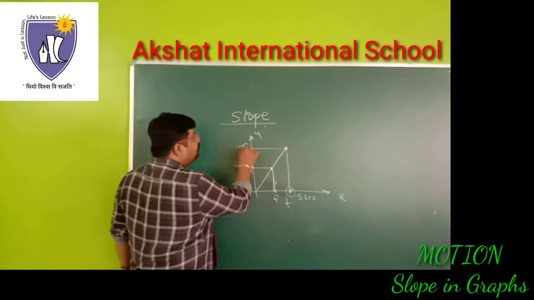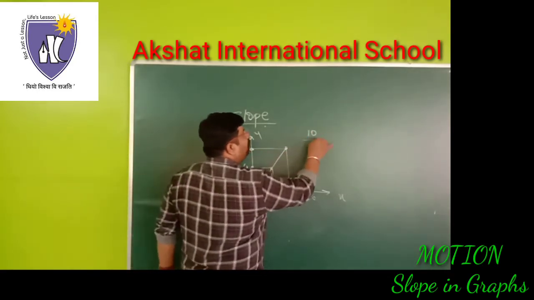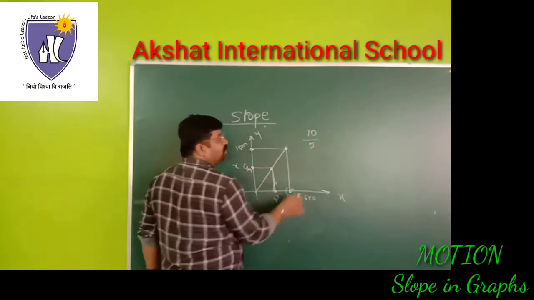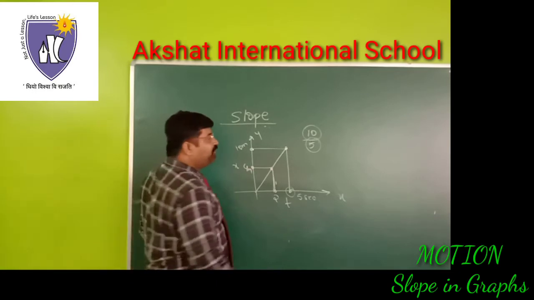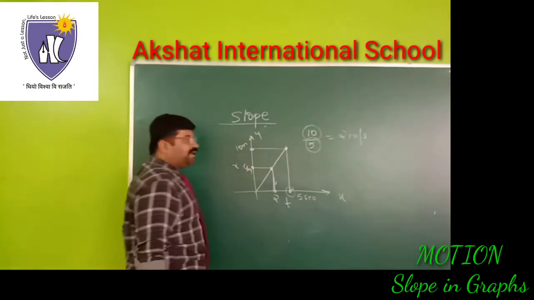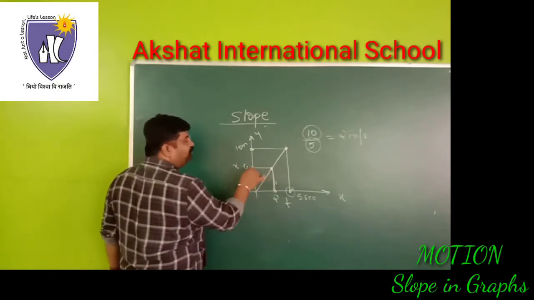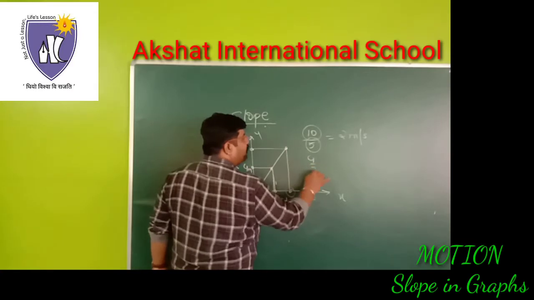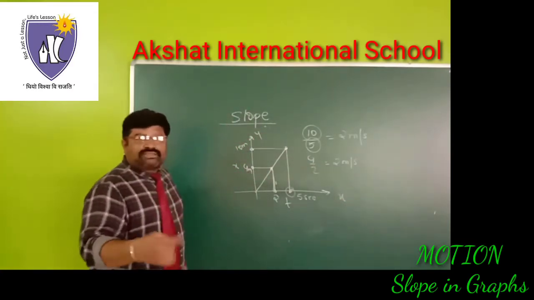The speed of the car is 10 upon 5. The distance covered divided by the time gives the speed, so this will be 2 meters per second. Similarly, at this position, the speed is 4 by 2, again 2 meters per second, because this is uniform.